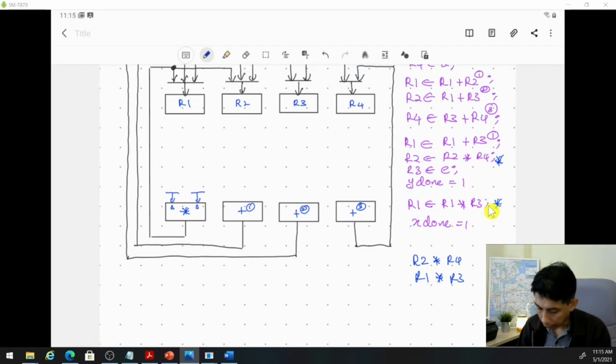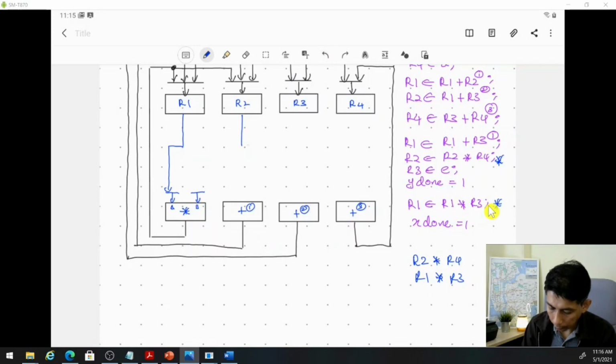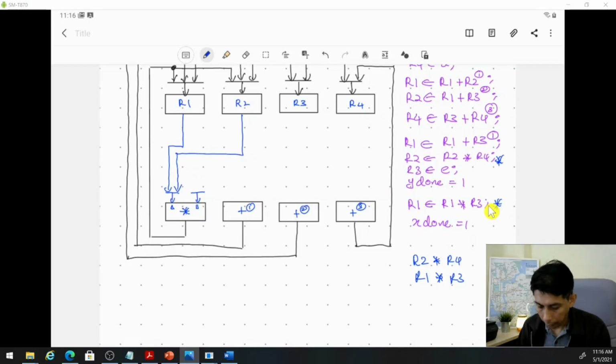So here again, we need a multiplexer. So the first one, maybe R1 and R2. So we can have something like this, R1 and R2, and R3 and R4 for this one, right?